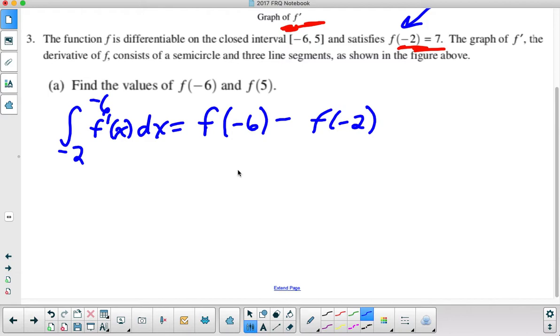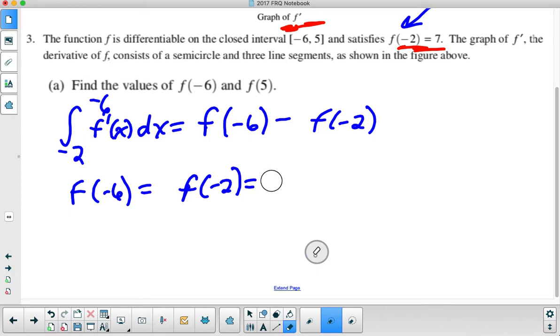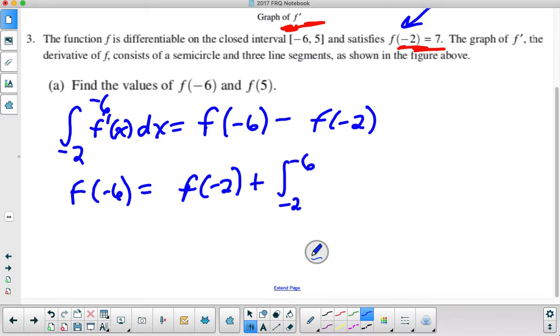So first thing we have to do is get f of -6 by itself. I'm going to add that f of -2 over to the other side, so f of -6 equals f of -2 plus this integral from -2 to -6 of f prime of x dx.